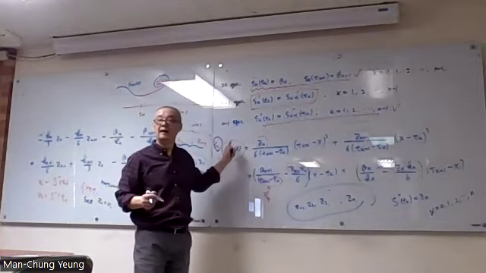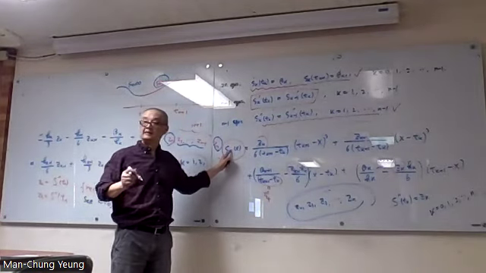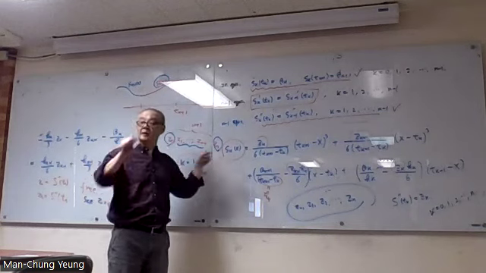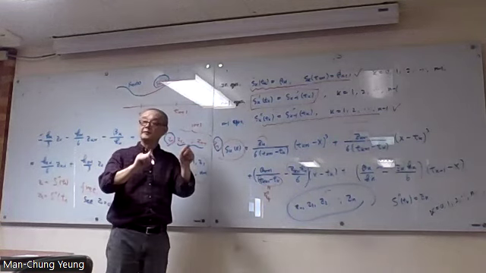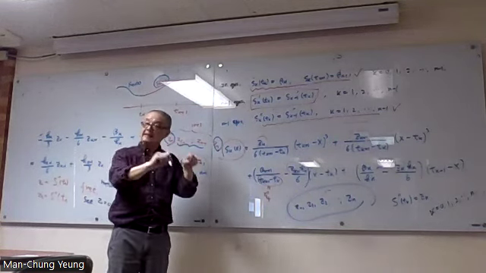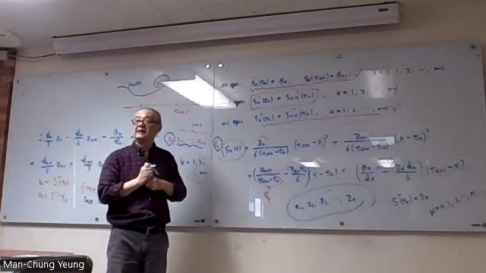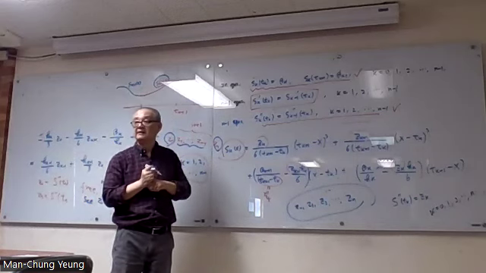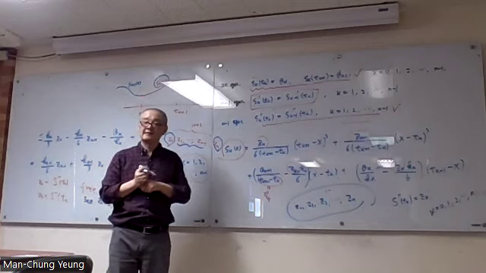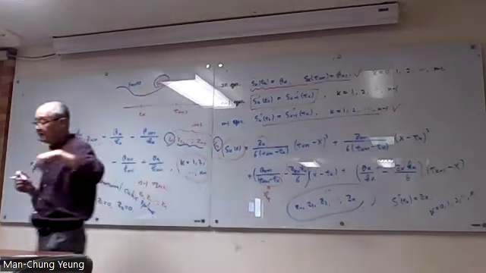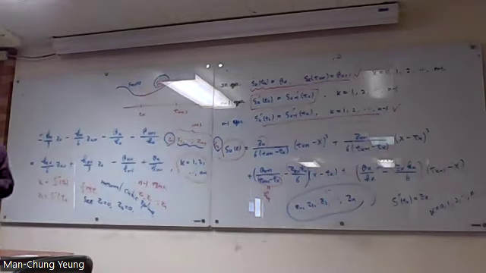Then I have this polynomial over the interval tk to tk plus 1. Tedious. This is a cubic spline.